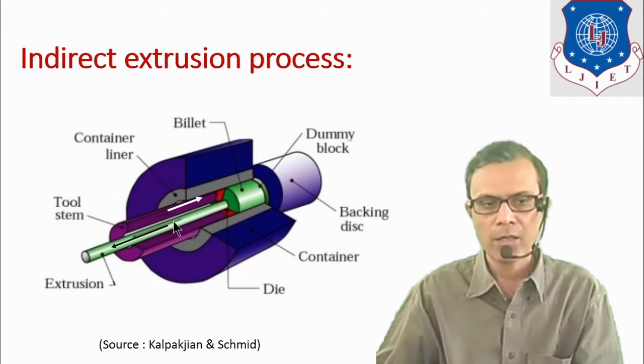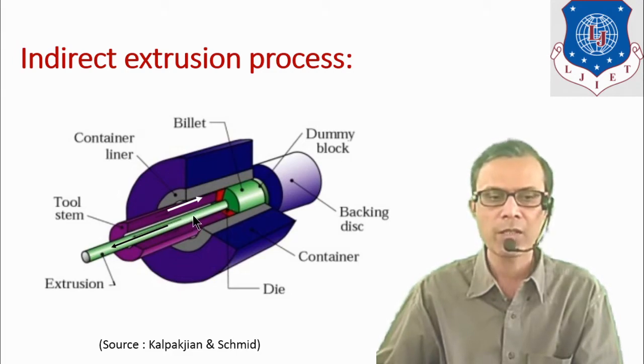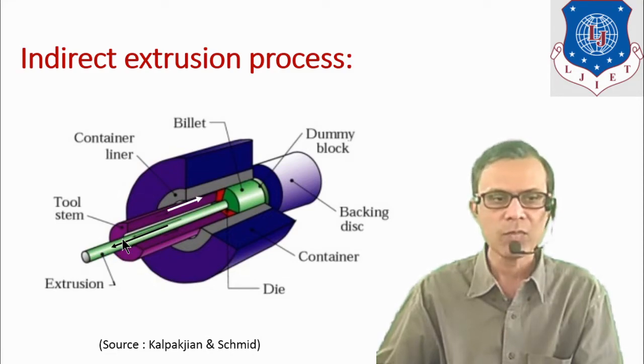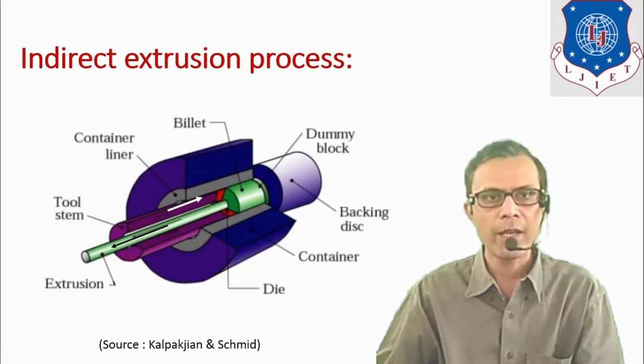So it is an extruded part which is coming out in the opposite direction to the applied force. Depending on the opening or the diameter of the die, we can obtain the diameter of the extruded part. So it is indirect extrusion.